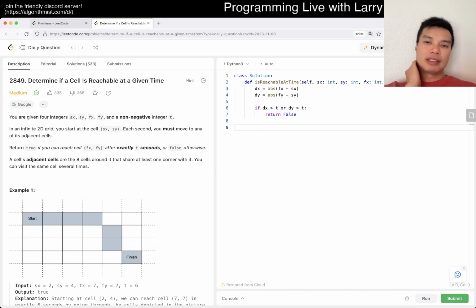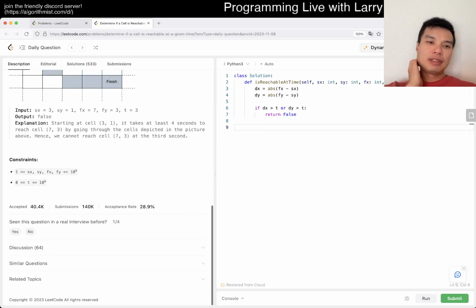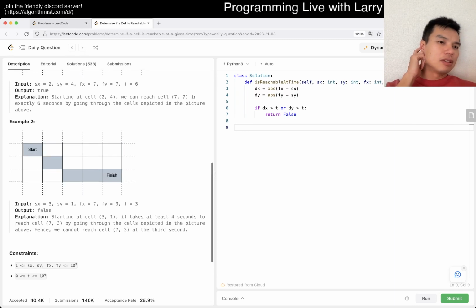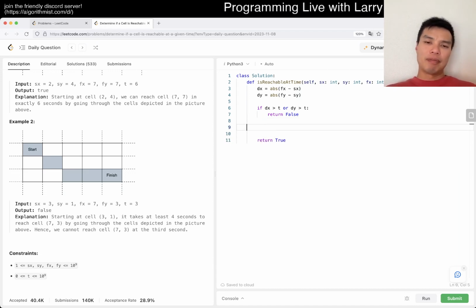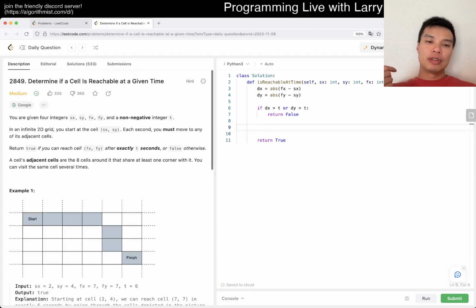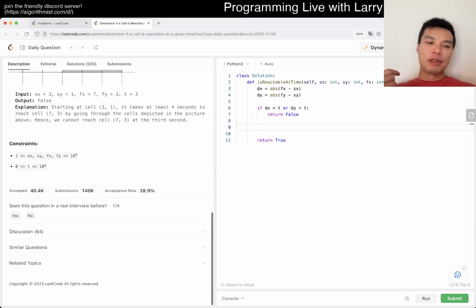Otherwise, what happens? Otherwise, everything is true except for, I think, one case. Basically, you can do everything one step at a time, except that you have to move.